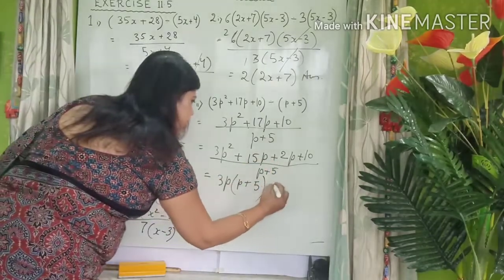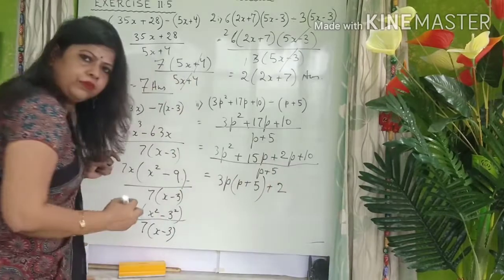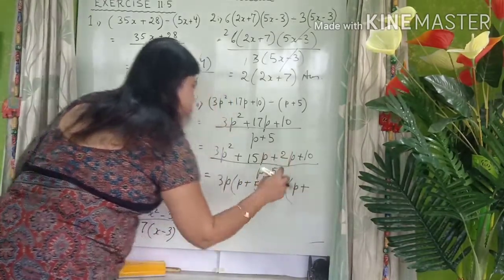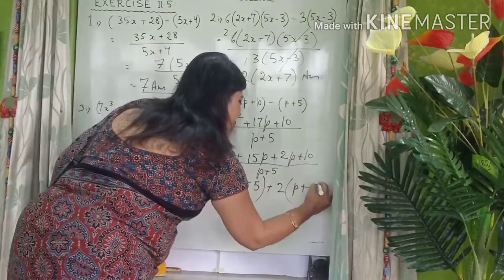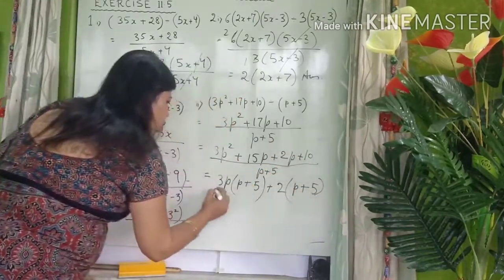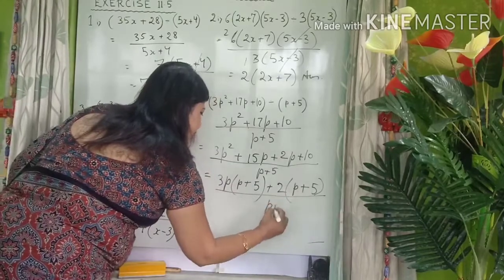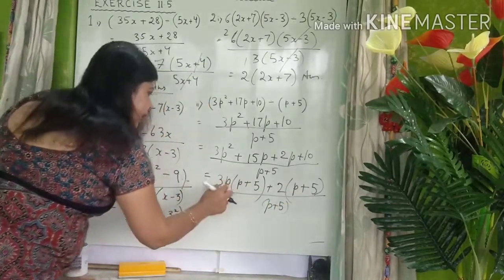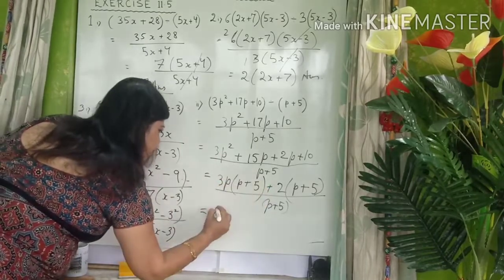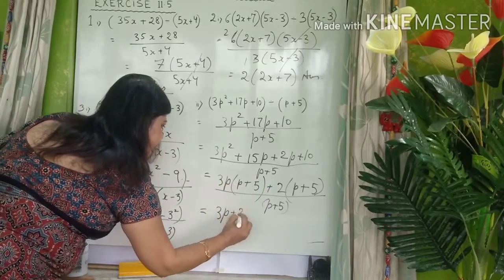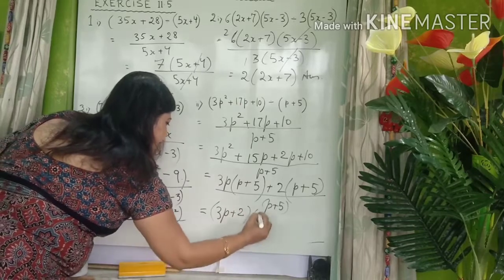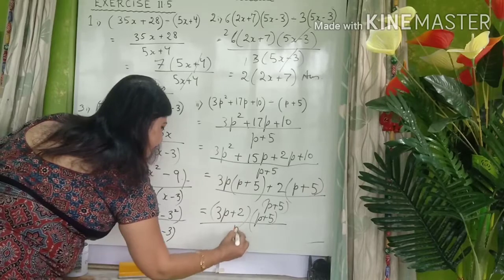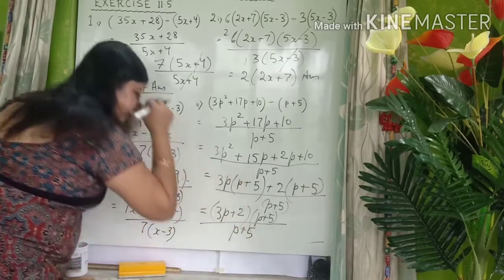Plus, what is common? 2. What remains? P and plus 2 1s are 10, 2 5s are 10. Whole divided by p plus 5. That is equal to 3p plus 2. You have to complete the factorization. 3p plus 2 into p plus 5, whole divided by p plus 5.